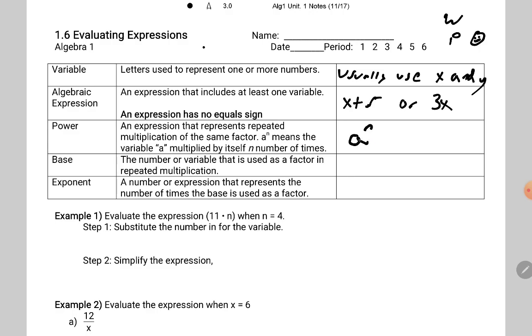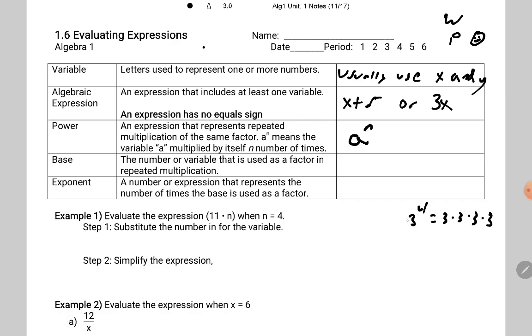Let me use a number expression to make sure you know what I'm talking about. So we have 3 to the 4th power. We'll write it down here instead. Remember, that means 3 times itself 4 times.